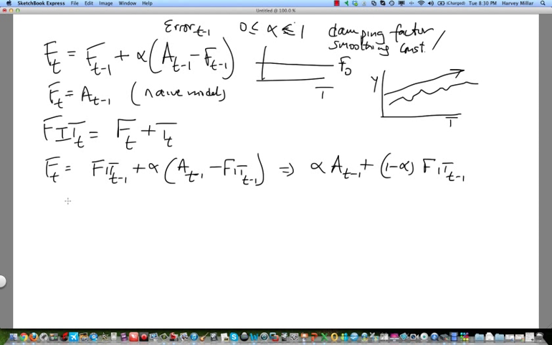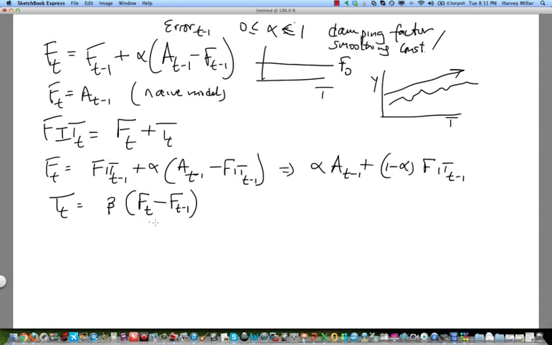Okay. Now this part is the smooth component for the next period, and then we're going to add a trend component. With that trend component, what we will look at is we will take a fraction beta of the difference between our last two smooth components, this one and ft minus 1.